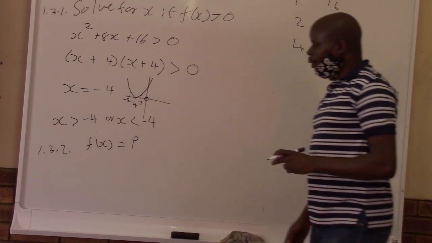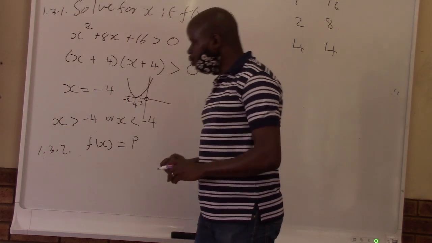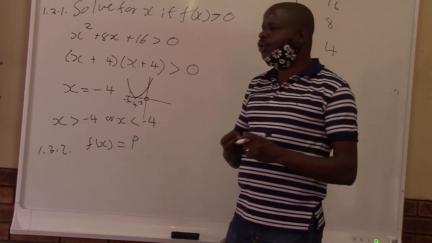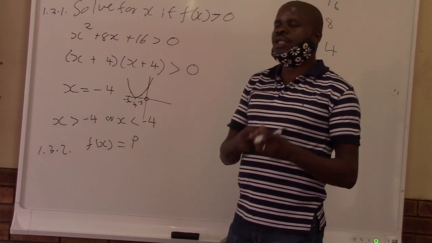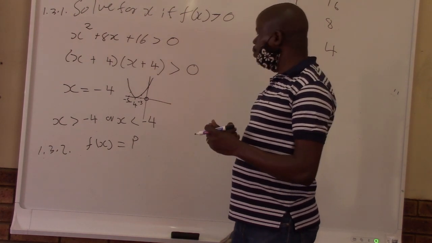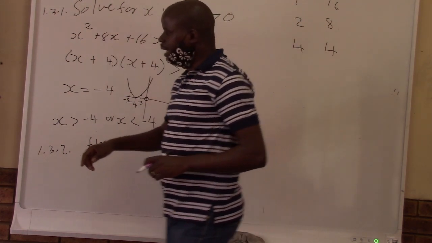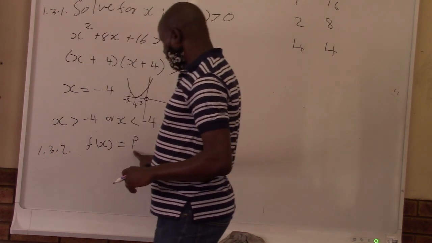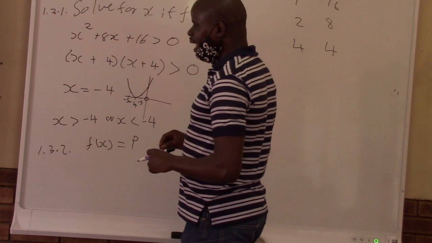We know that for the nature of roots, we do have roots that are equal, roots that are not equal but rational, roots that are not equal and irrational, and roots that are non-real. But here, they are saying f of x equals p must give us roots that are unequal and negative.